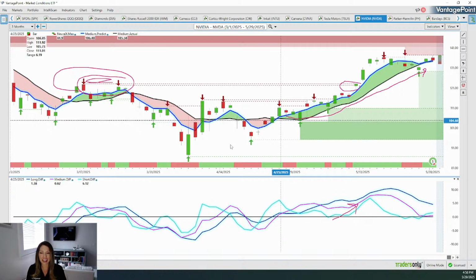I know we like to think we know what's going to happen, but in reality, the technical indicators tell us a lot more about the trend than we know ourselves, because it's looking at the data, it's looking at the power behind the inner market analysis. So again, do yourself a favor, use the artificial intelligence and let that be your guide through the markets so you can start trading using the incredible power of VantagePoint. Again, if you need more information on that, let us know.